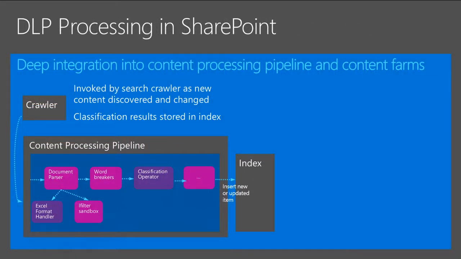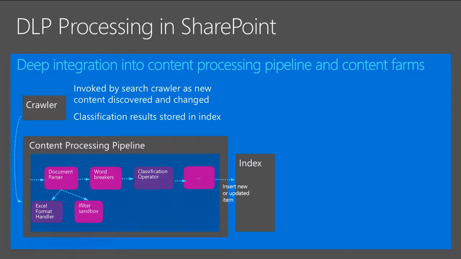And SharePoint has really two stages to it. We provided integration in both the content processing pipeline, which is really similar to how search works, and also into the content farms and content DBs where the content resides.